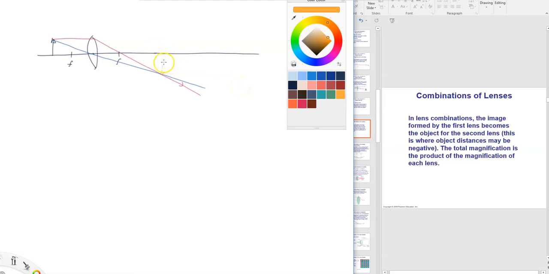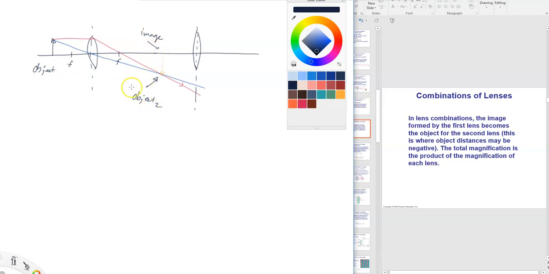So what we now do is we take another lens, the second lens, and put it over here. Based on where the second lens is and where the image is, this is our actual object, and it creates this image over here.